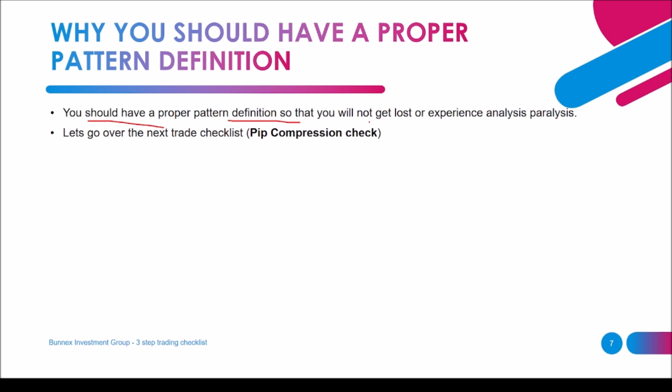Analysis paralysis is a process whereby you won't know what the market is going to do. You analyze one way, you see that the market may go up, you analyze another way, you see that the market is going down, and another way you see that the market is ranging. If you have a proper pattern definition, you only need to look for your pattern and trade without fear.